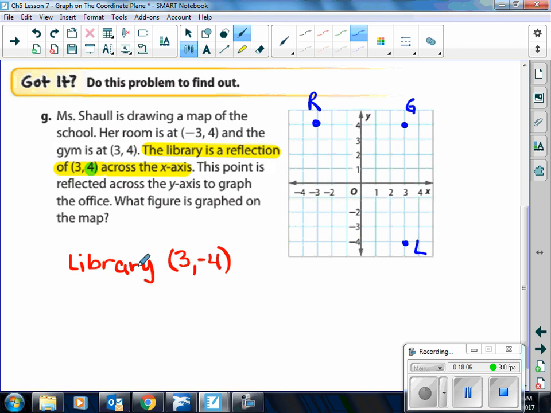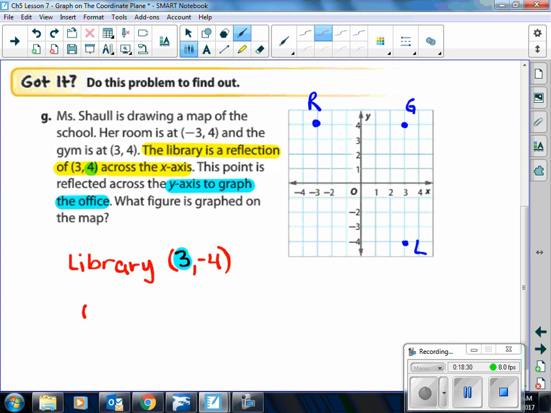Now that point, the library, 3 comma negative 4, is going to be reflected across the y-axis to graph the office. Okay? So that's going to reflect over the y-axis to be the office. So if I'm reflecting over the y-axis, which value changes? The x value changes. Very good.